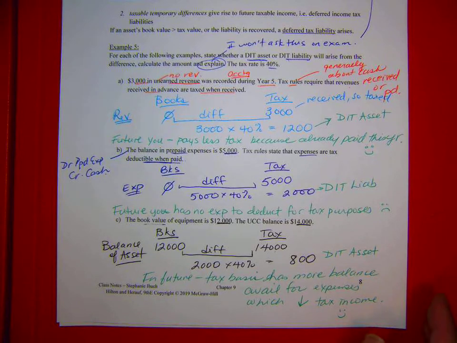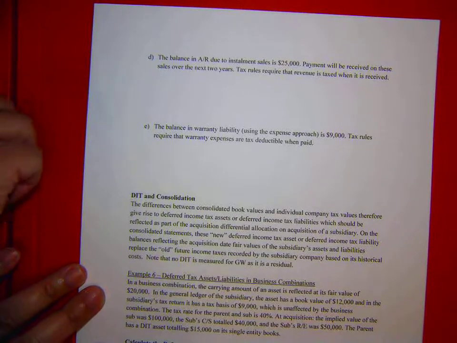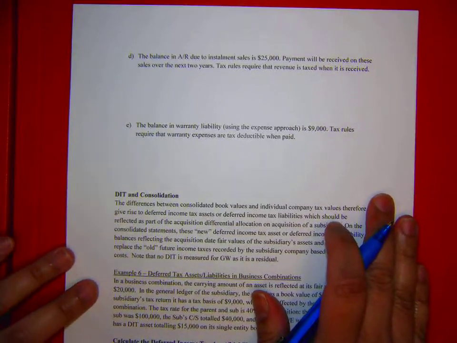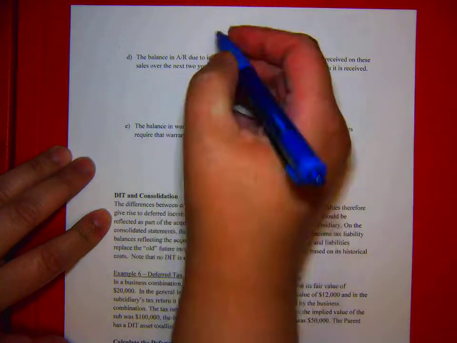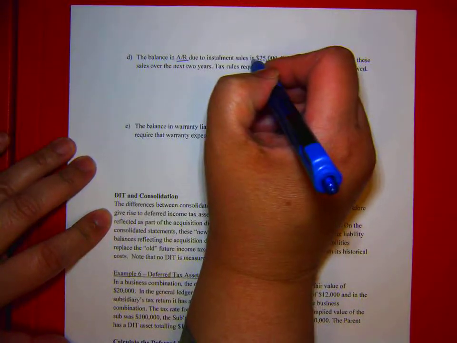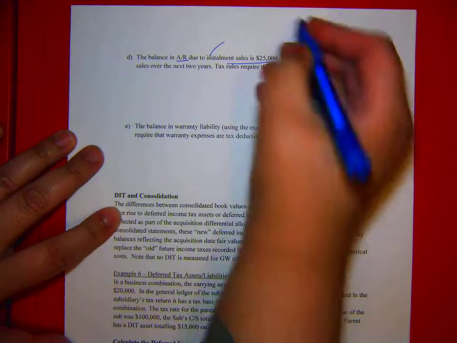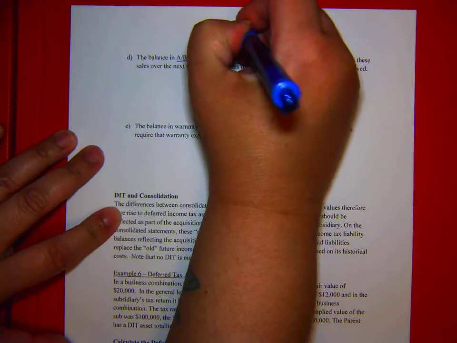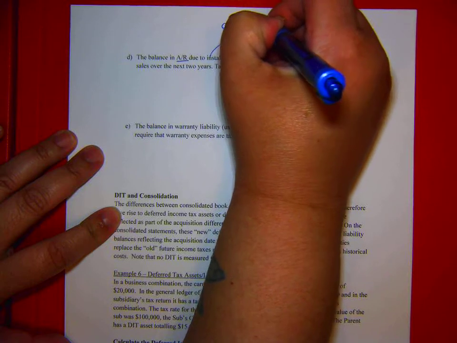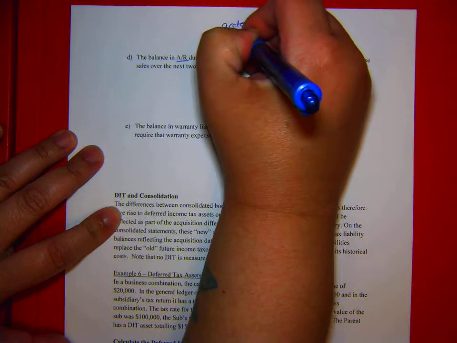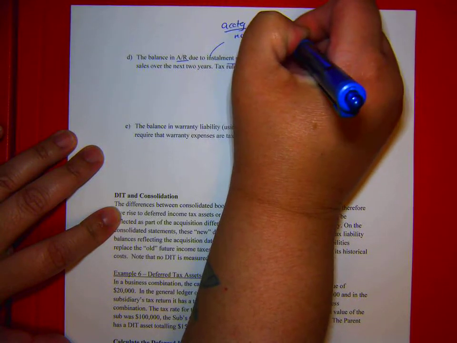Okay, part D on page 9. So the balance in AR due to installment sales. Installment sales, if you remember, is from an accounting perspective, we record the revenue now, get money later.